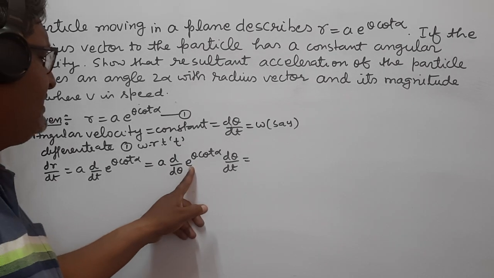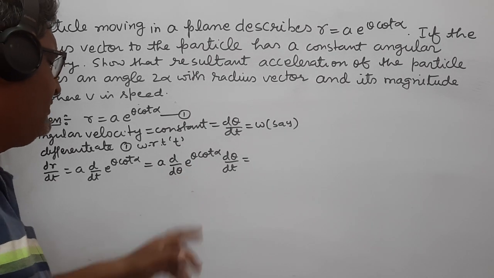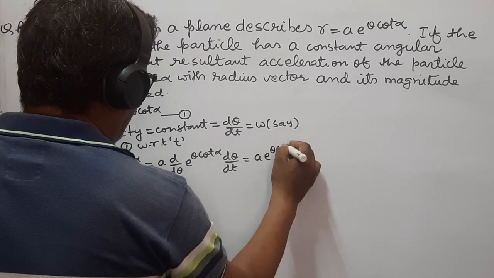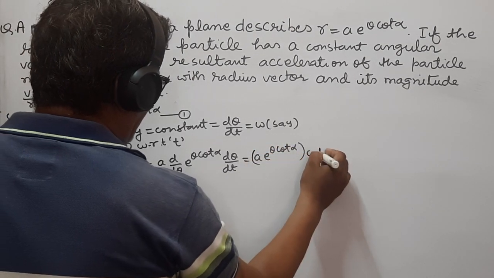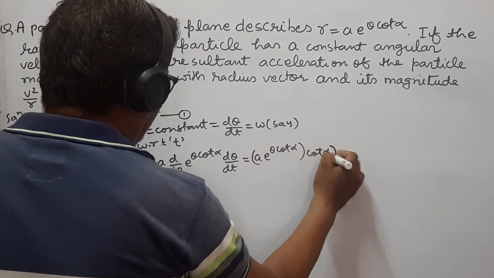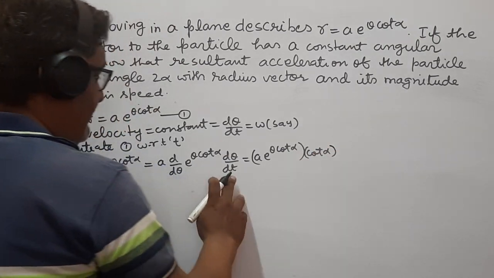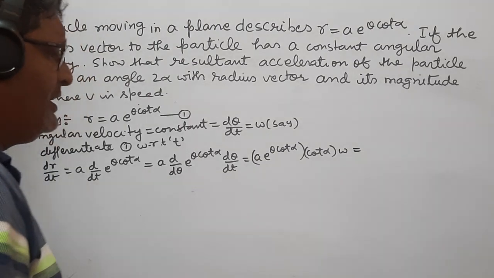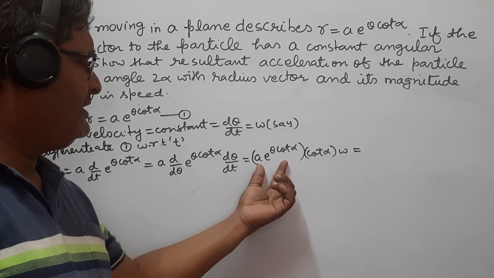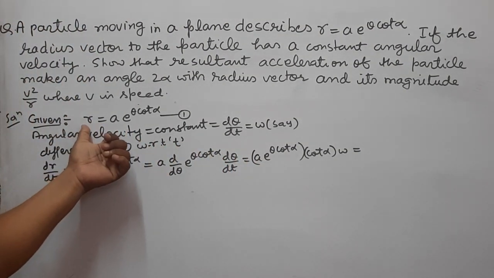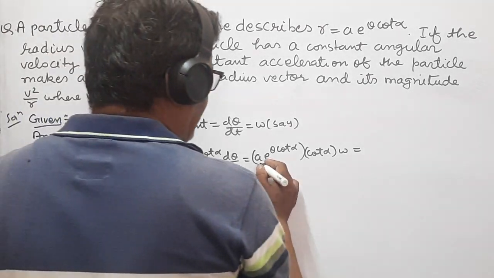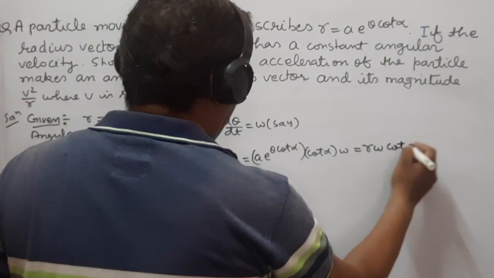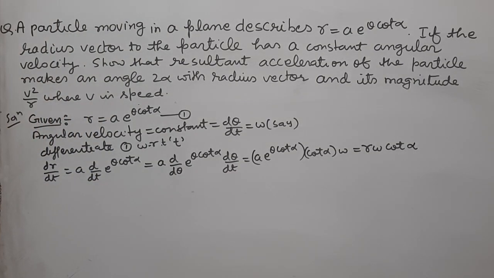Now when we differentiate e to the power theta cot alpha with respect to theta, we get a e to the power theta cot alpha multiplied by cot alpha multiplied by d theta upon dt. And we know that d theta upon dt is equal to omega, so we put here omega. You can see here this is equal to small r from first equation. So we write here r omega cot alpha. This is dr by dt.